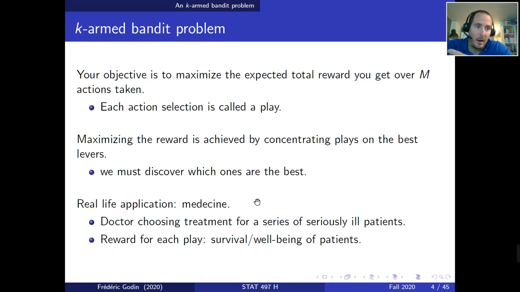According to our terminology, every time you make an action, assigning a patient this medication, that is a play, and your reward can be quantified as either the survival or the well-being of your patient. You typically want to improve as much as possible the condition of your patient, and you want to find treatments which work best towards improving the health of your patients.